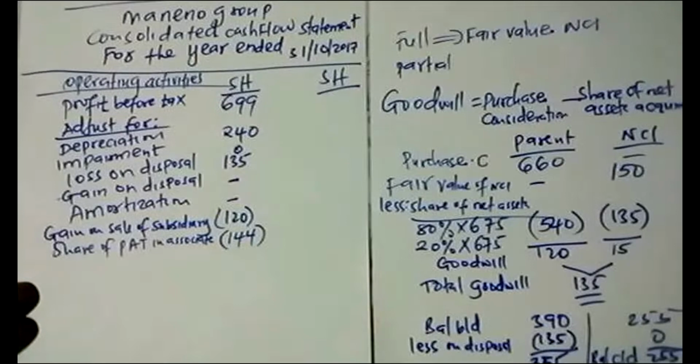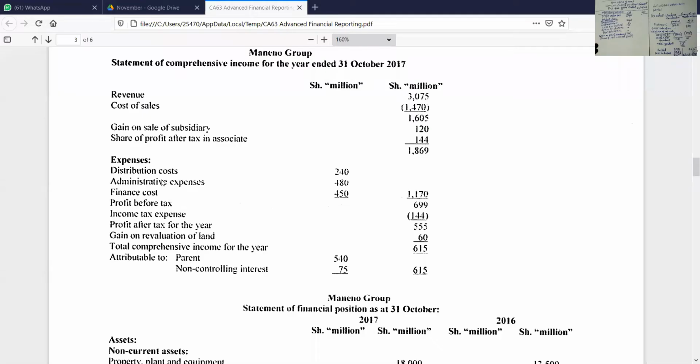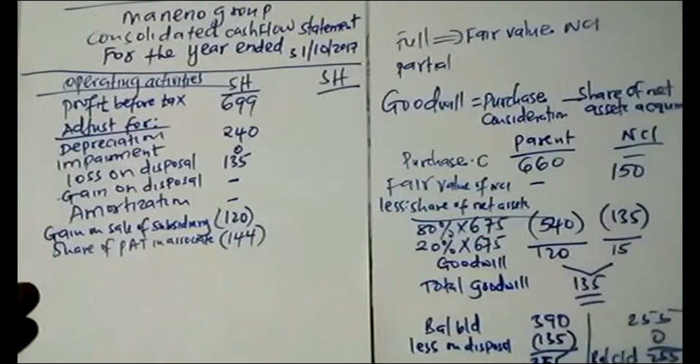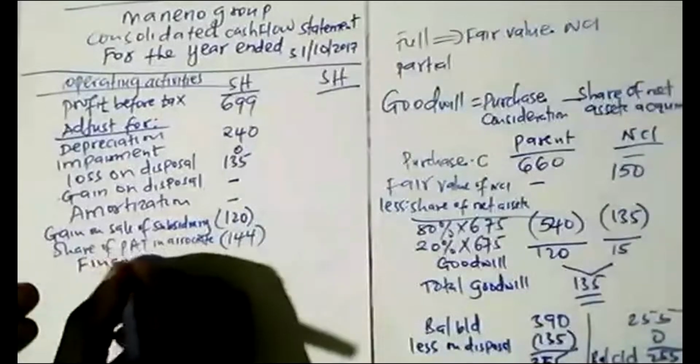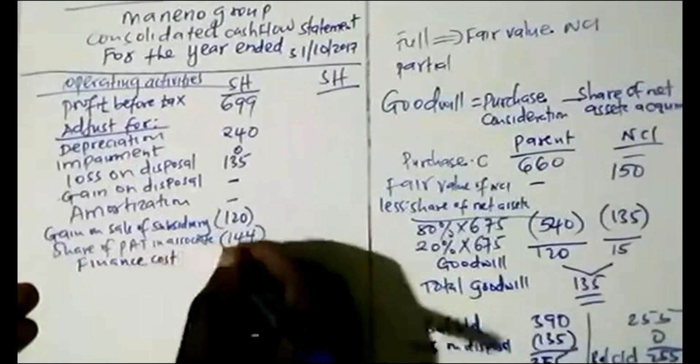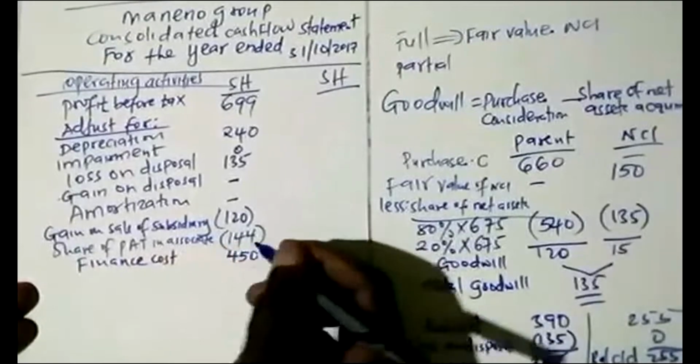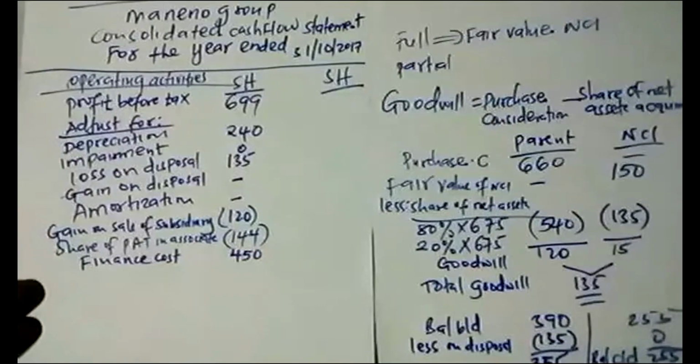Again, we subtract it. So other than revenue, cost of sales, administrative cost, and selling and distribution, another one is finance cost down here, 450. That one was subtracted, so I will add it.